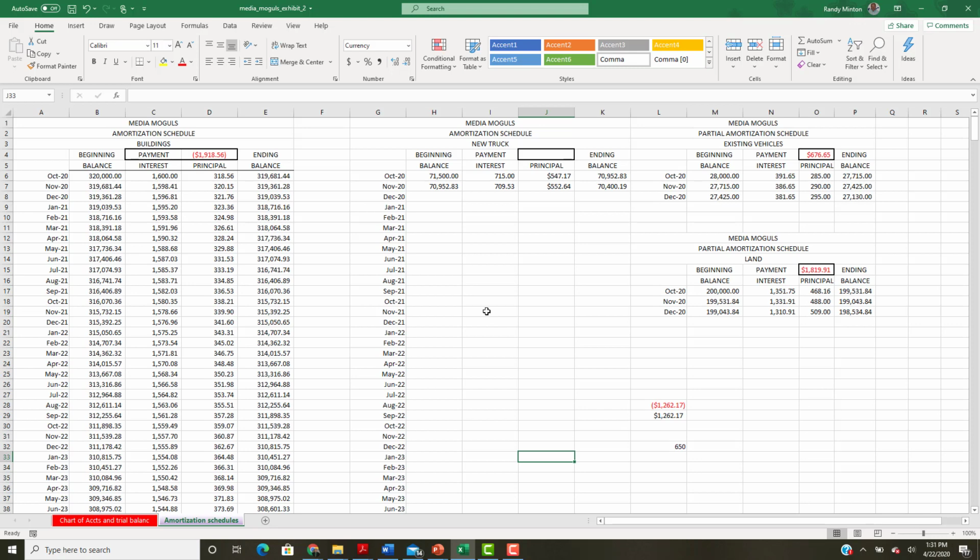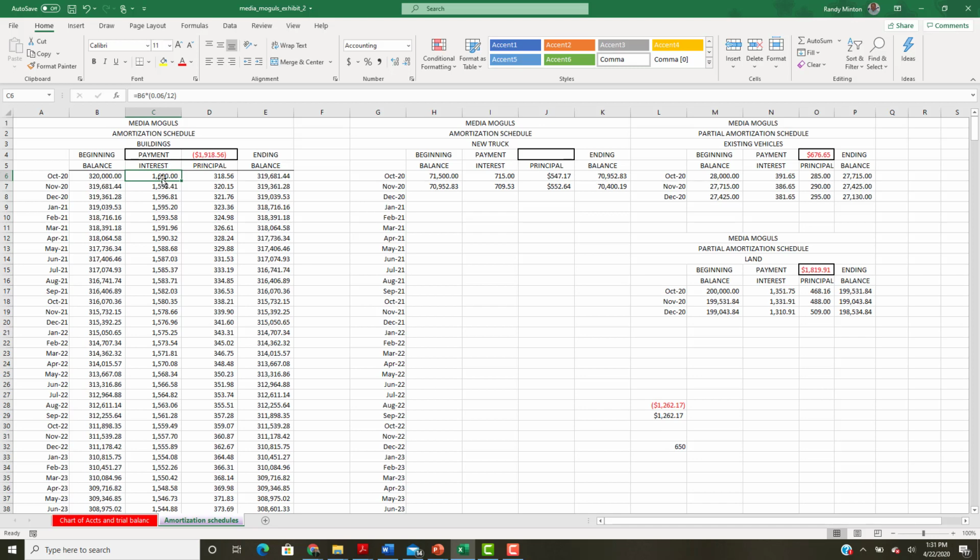When you are recording your interest and your principal, all of these are set out for you with the exception of the new truck, which you have to do. In this case, when you write or create the check for the payment, you'll notice here it's 1918.56, right?